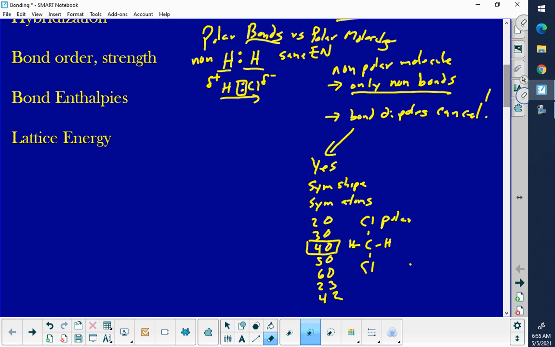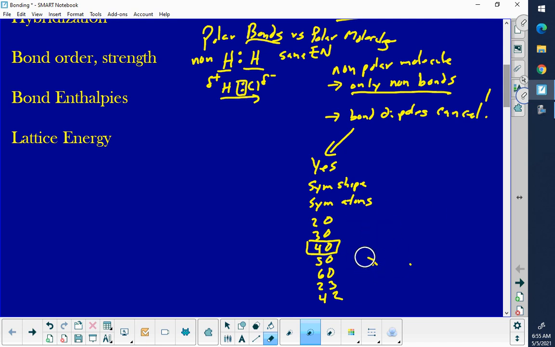Now be careful. This might look as if it would cancel, but remember, this is a 2-dimensional shape. These things are really in a tetrahedral, not a flat arrangement. So these chlorides are not really diametrically opposed, and so that's why that is polar, right?